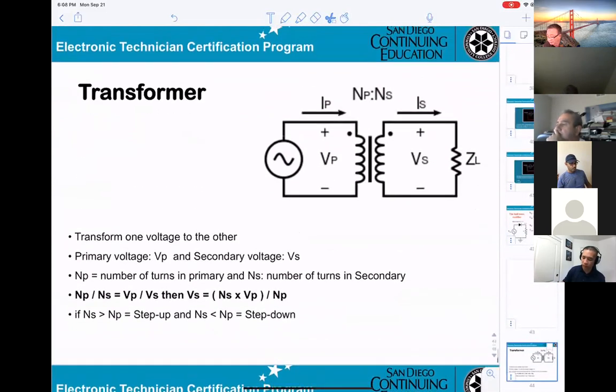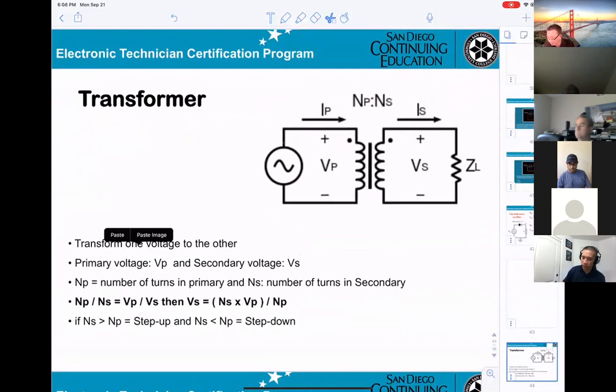Okay, now, next part we need to know before we keep continuing. Transformer. What is a transformer? To transfer something, here in this case, voltage or current, power.